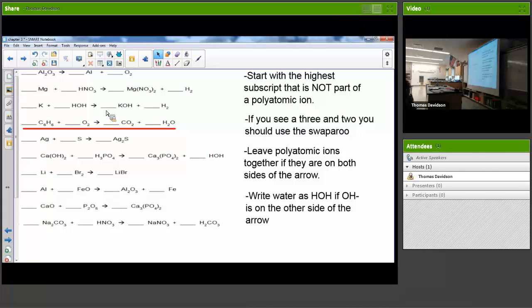This one always follows the same pattern. This type of reaction right here is called a combustion reaction.